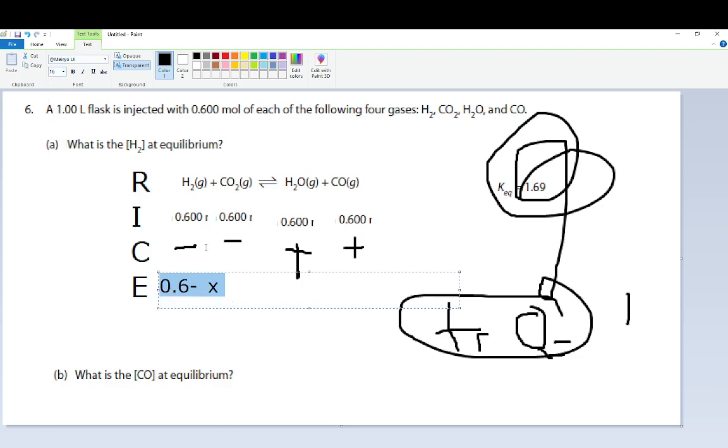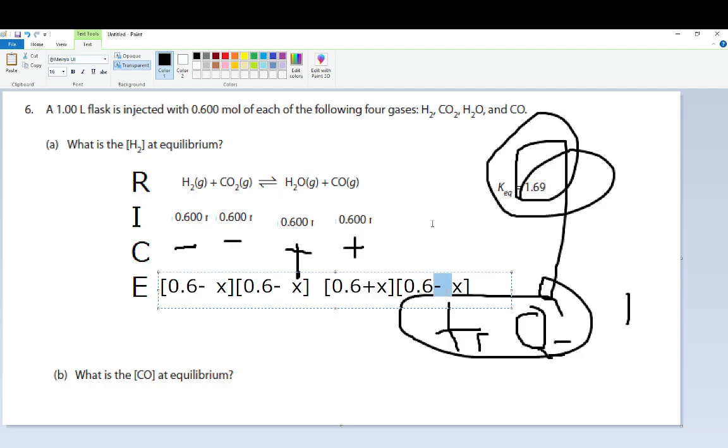On the left side, for both of them, that's going to be the concentration. And then on the product side, it's going to simply be plus.